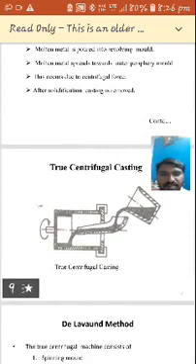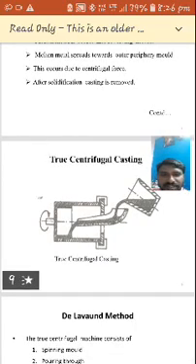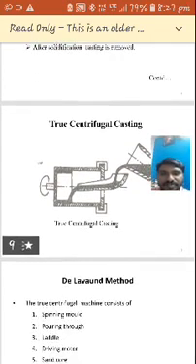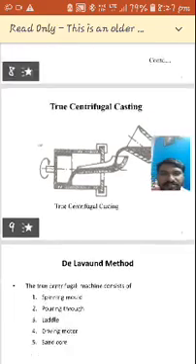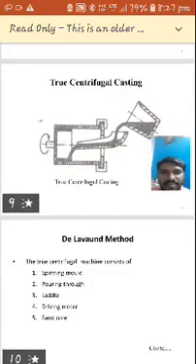While rotating, centrifugal force is created, so the casting is developed. Any impurities are pushed toward the axis of the mold, so they are easily removed by the centrifugal force. That is the centrifugal casting figure and its explanation.